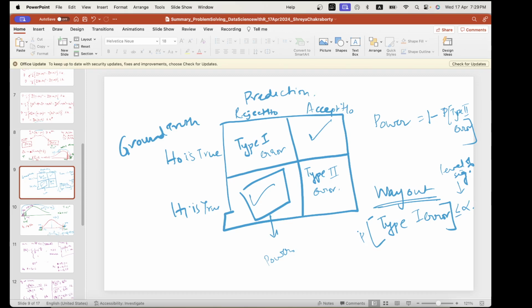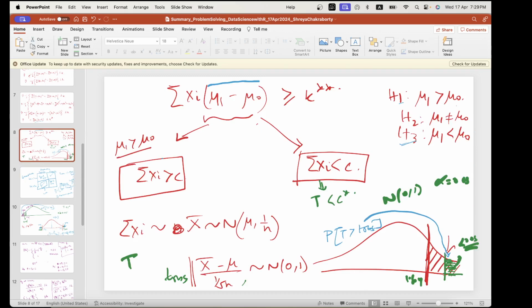And then first we fix this type 1 error rate, and then we try to maximize our power. So this is the way out, and this is what we follow. So going back to the decision rule, let's say this is my criterion: summation xi is greater than c.